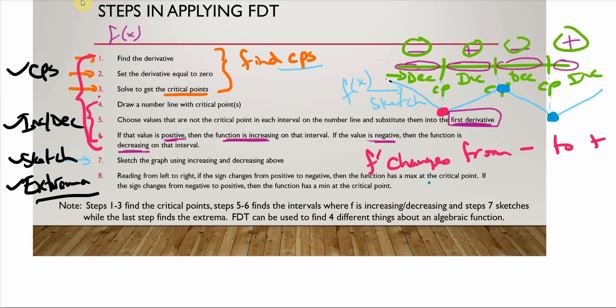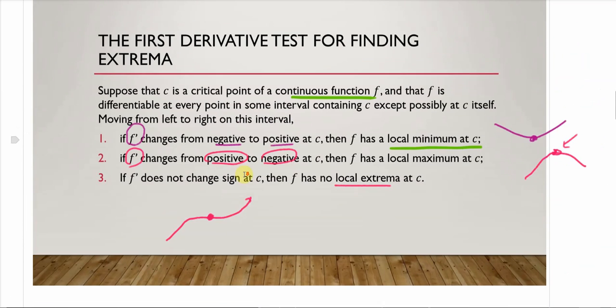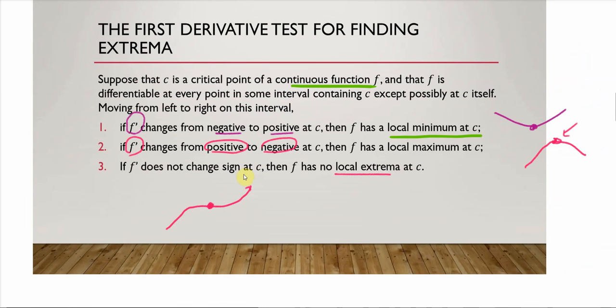I have a relative max because f prime changes from positive to negative. And these wordings come from the official part right here. If it changes from positive to negative, you can have a max. If I have them going from negative to positive, I have a min.